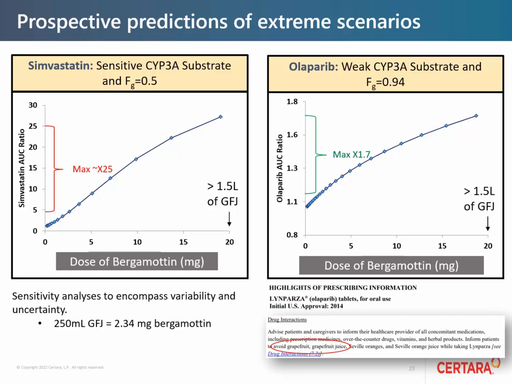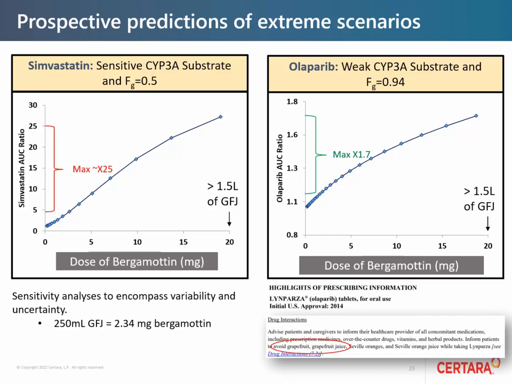This was done up to 20 milligrams of bergamottin, which translates to more than 1.5 liters of single-strength grapefruit juice, which is of course unlikely to happen. But this could help encompass more administration of double or triple-strength concentrate use.